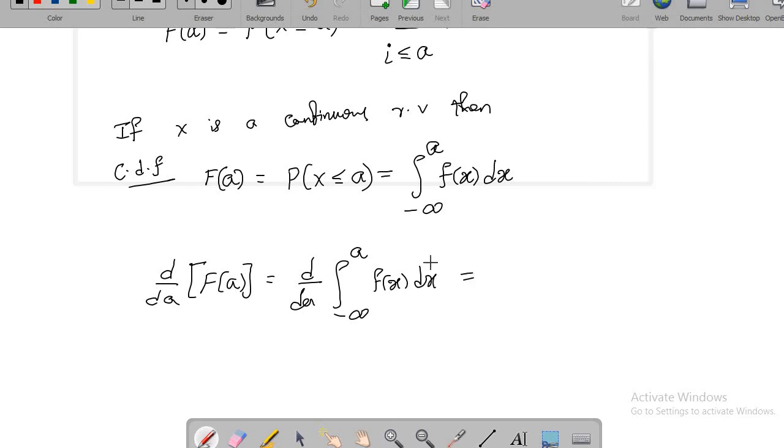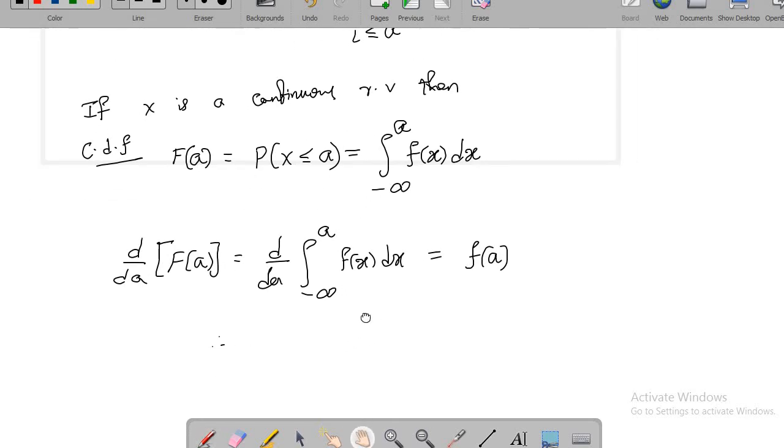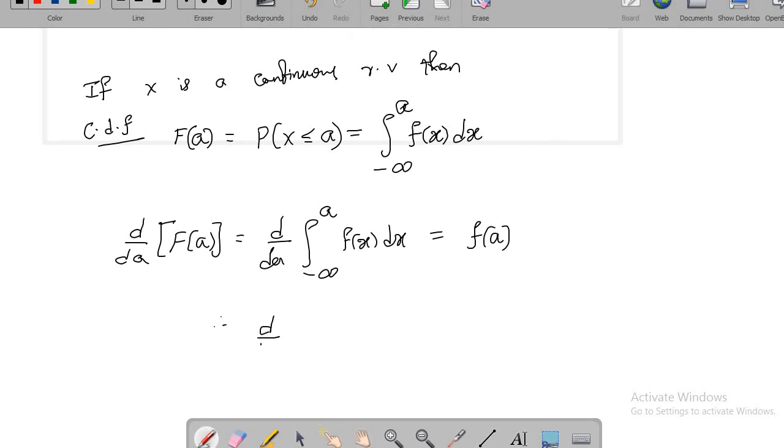You have studied Leibniz rule as well as the fundamental theorem of integral calculus, and that says the derivative of this integral is nothing but f of a, isn't it? So the relation between the cumulative distribution function and the probability density function is this: the derivative of the cumulative distribution function is nothing but the density function, or we can write it this way: F dash of a is nothing but f of a.